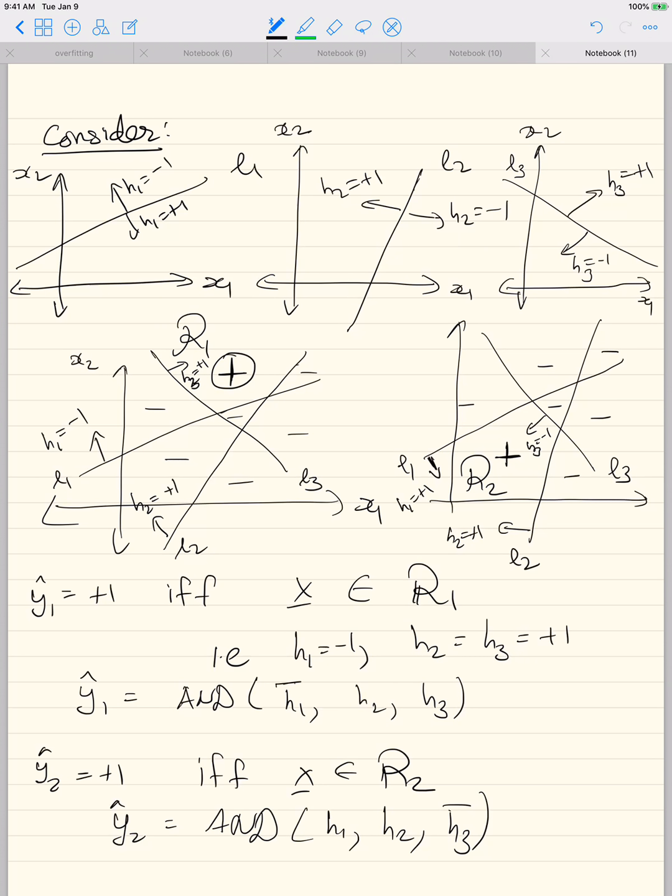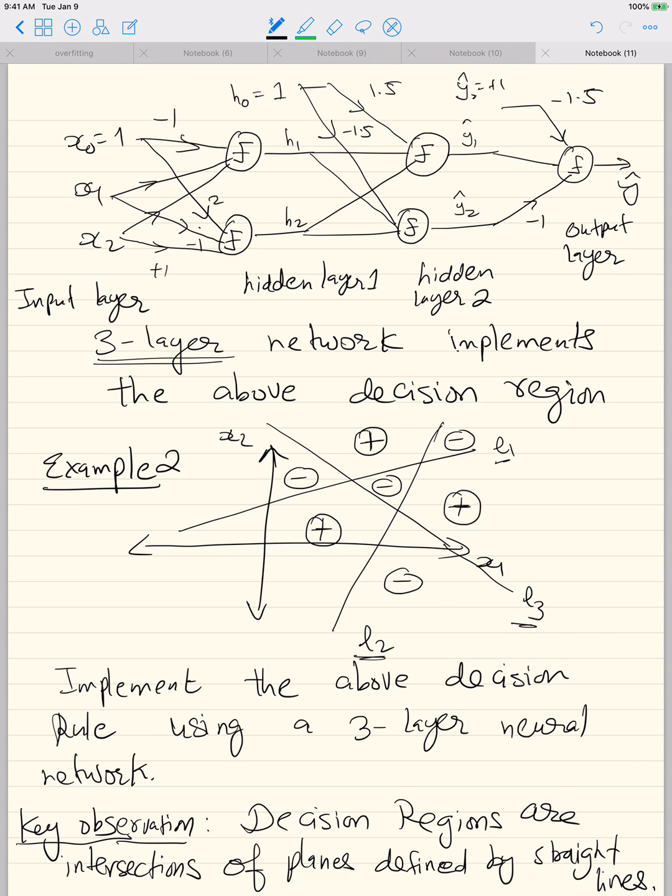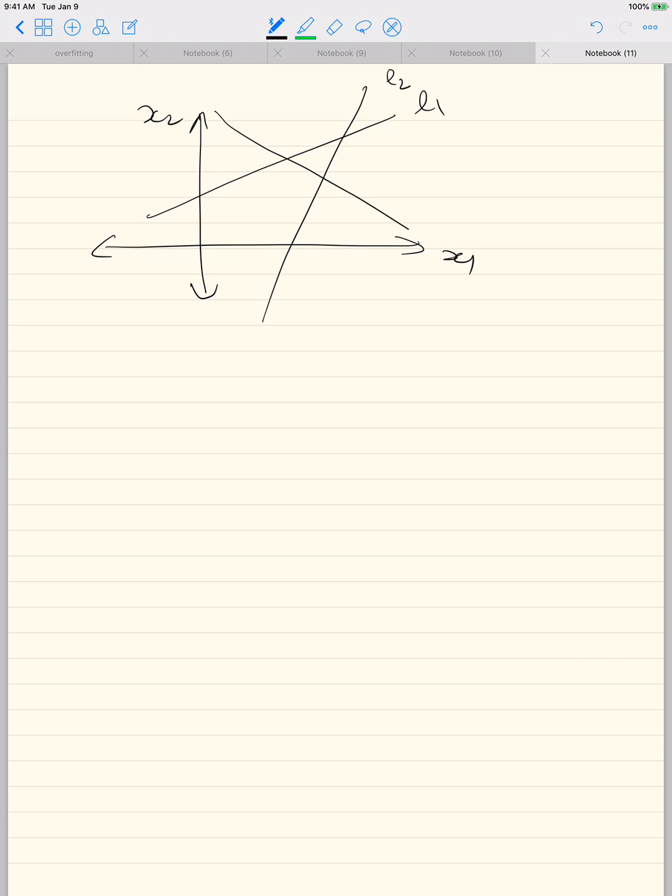If we want the label to be plus only if x belongs to R1, we'll use y1 hat. If we want the label to be plus only when x is in R2, we can use y2 hat. And similarly, there is one more region, R3, where the label is plus, and that we will take care of with the third region, R3. So this is L1, this is L2, and this is L3, and we want this label to be plus, so this is R3, and we want minus everywhere else.